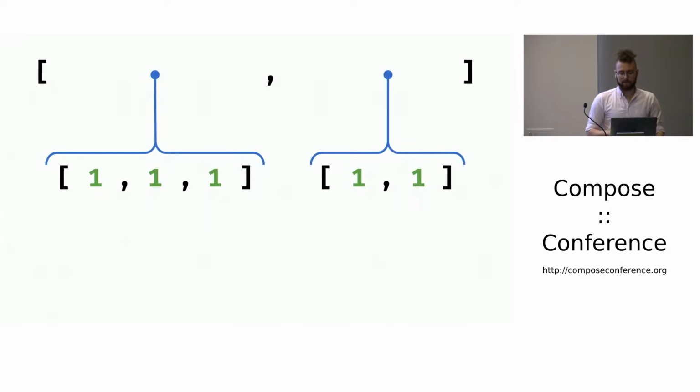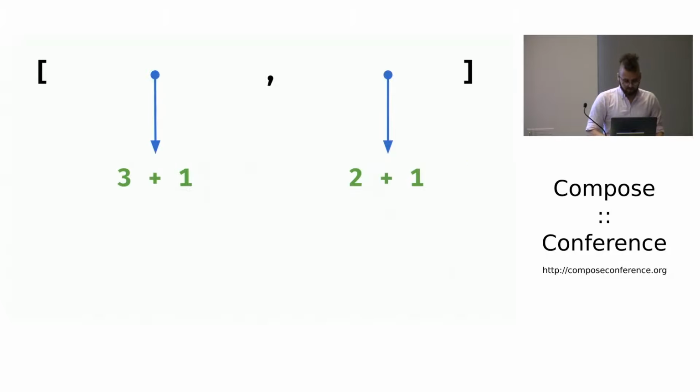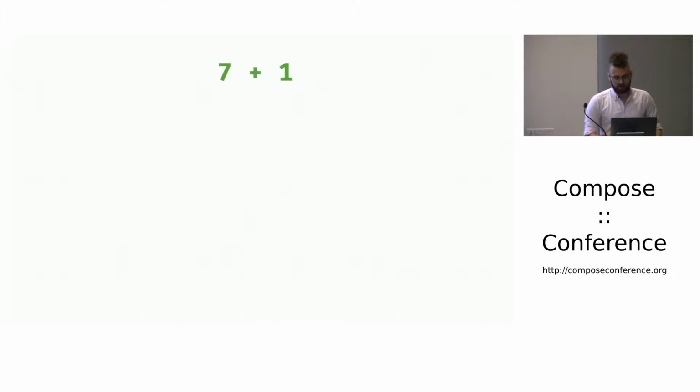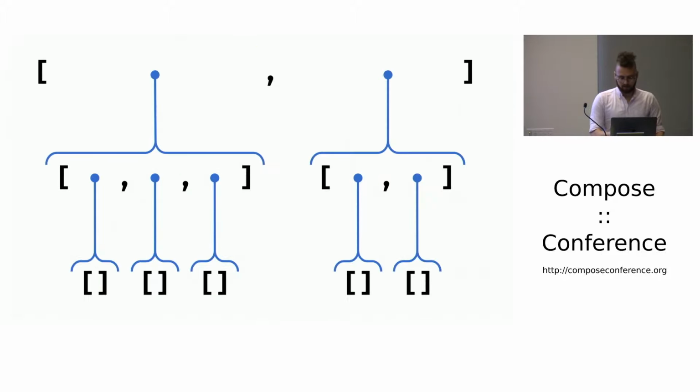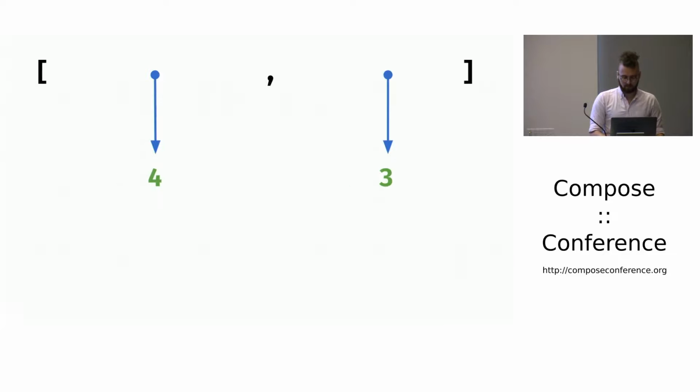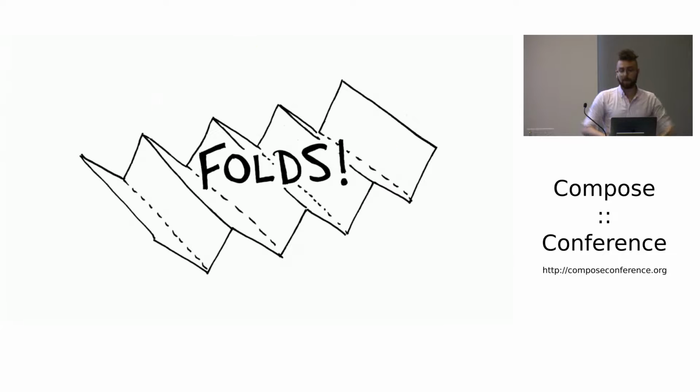The sum of the list containing 3 ones is 3 plus 1 is 4, and the sum of the list containing 2 ones is 2 plus 1 is 3, and then I sum 4 and 3, which I think is 7, plus 1 is 8, and indeed there are, if I back up, 8 nodes in this tree. So cool. Folds!